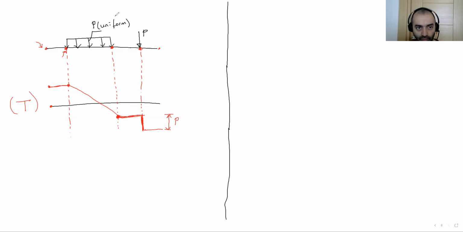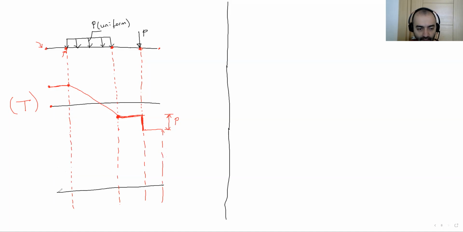Let's do the moment diagram. Again, these are the critical points. I'm gonna use another color, for example, green.